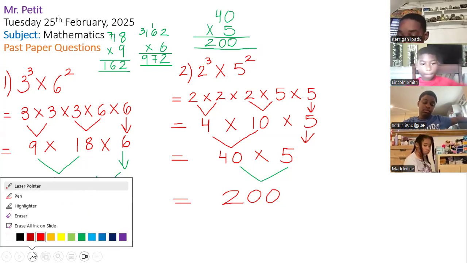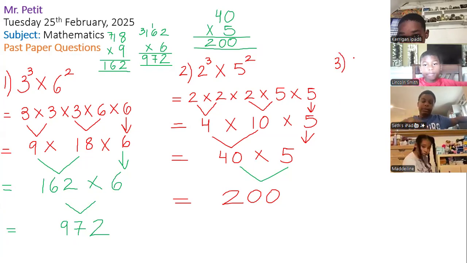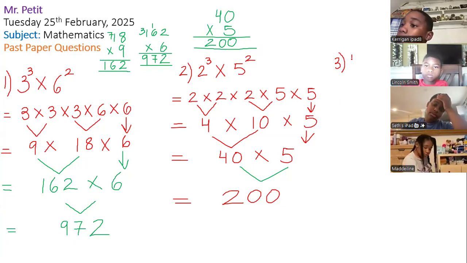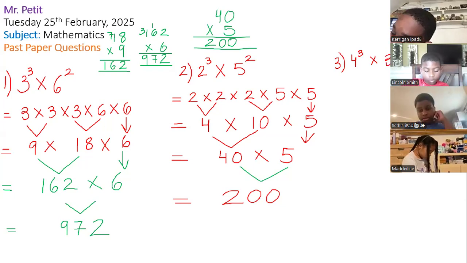Number 3. So number 3, let's see, we have 4 to the 3rd power multiplied by 3 squared. So class, if we have 4 to the 3rd power times 3 squared, what are we gonna do?